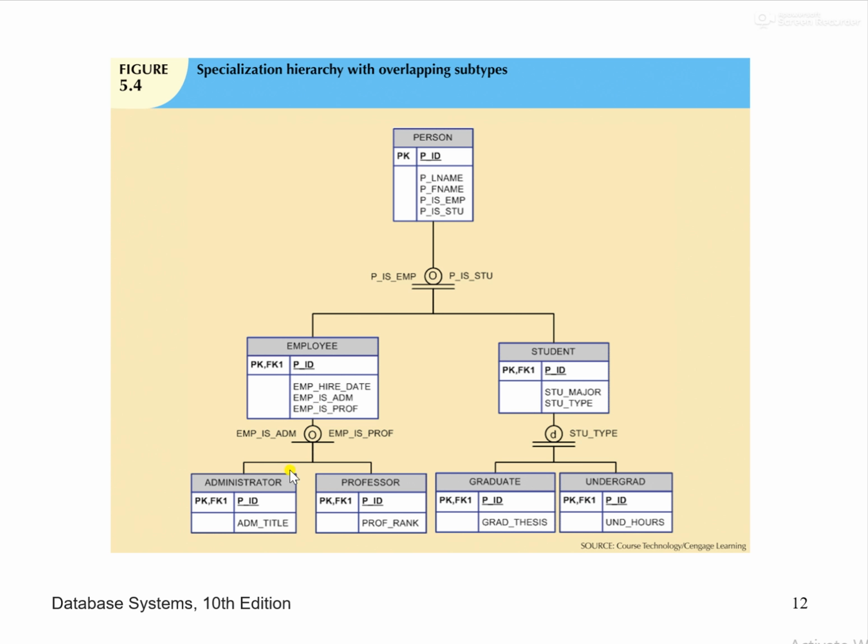So it means that not every supertype occurrence is a member of a subtype. For supertype employee, there is one occurrence which is neither administrator nor professor, so it is shown through partial completeness. And here again we have total completeness. It means if we have a student occurrence, it will always be either a graduate or undergraduate student.